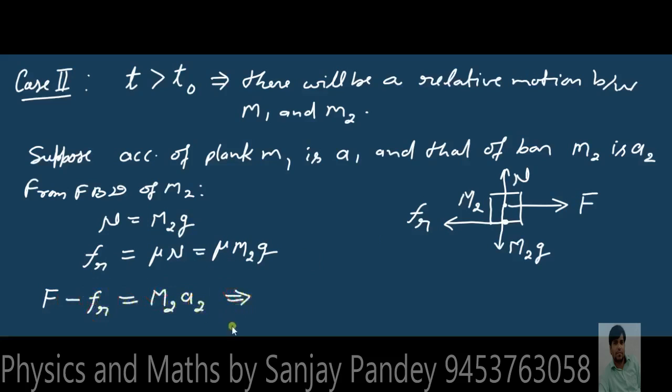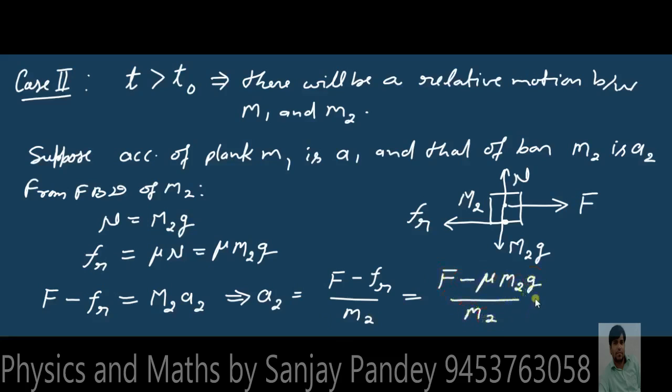From here a2 = (F − Fr)/m2. It will be equal to (F − mu m2g)/m2, equal to F/m2 − mu g.